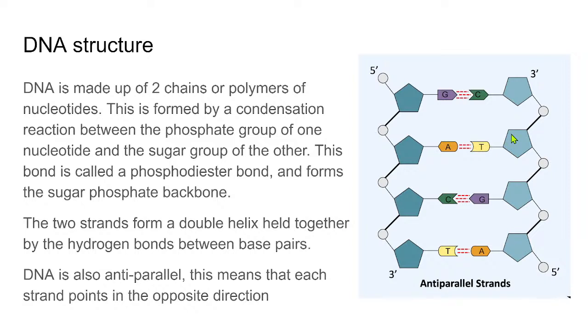And lastly, these 2 polymer chains are held together by the hydrogen bonds between the bases. So as you mentioned, the 3 and 2 bonds between your GC and AT pairings. So that is showing them there with the dashed lines.